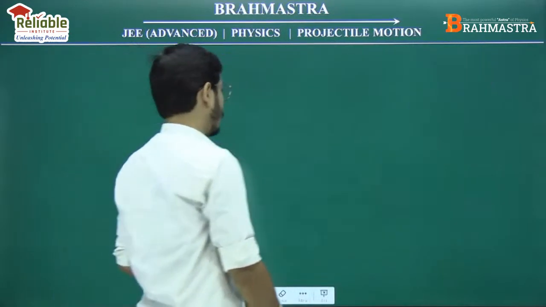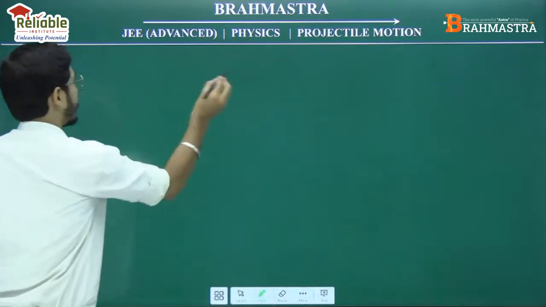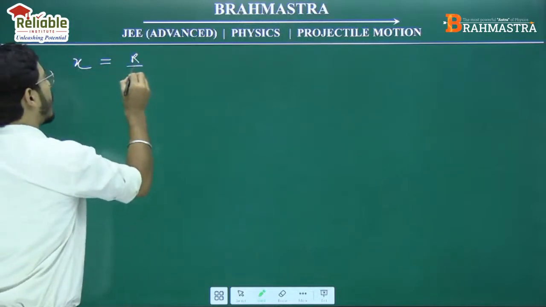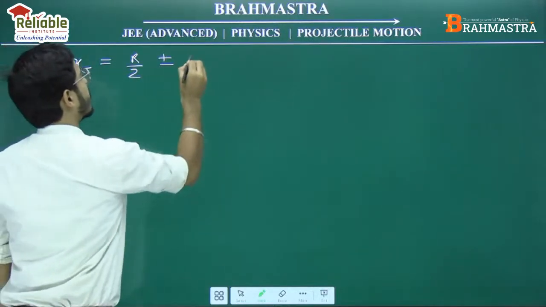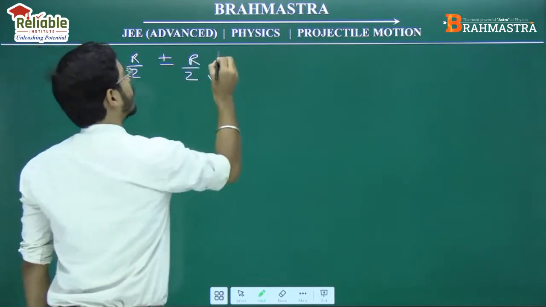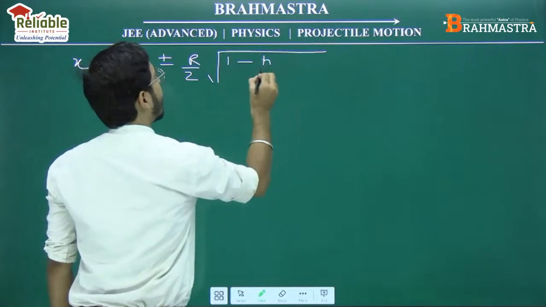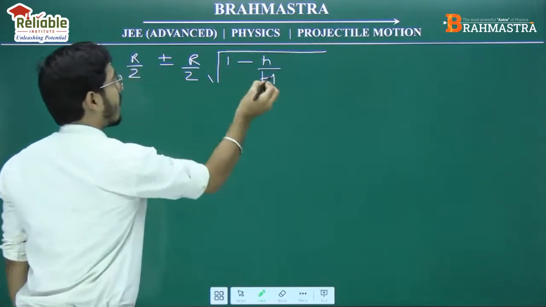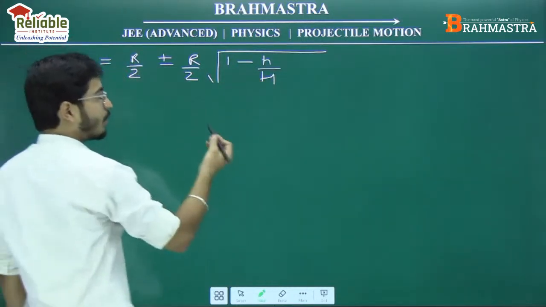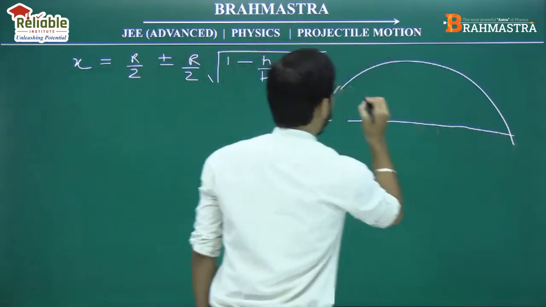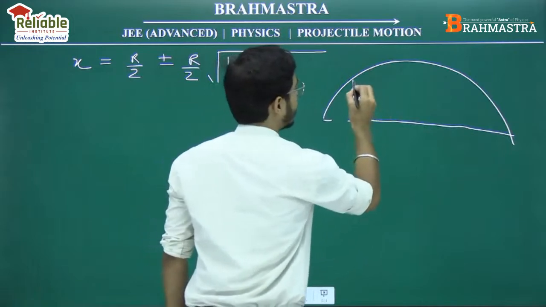So these are the two roots of the quadratic equation, right? Those two roots are r by 2 plus minus r by 2 under root 1 minus y divided by the maximum height h. Now understand the beauty. Suppose this is your projectile and this is the height in which we are interested.